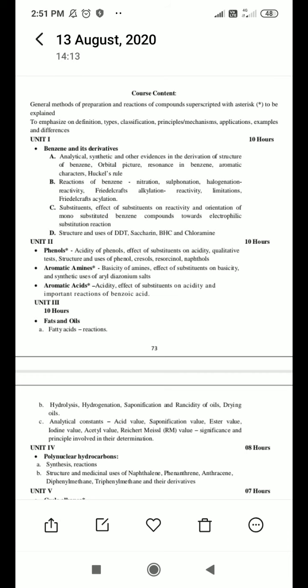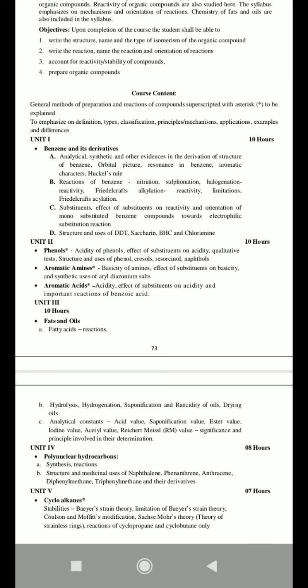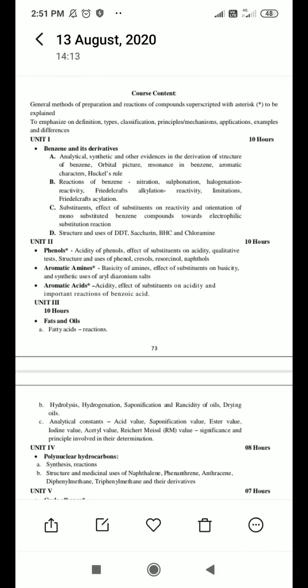Then the nitro group is at position number 1. Then what will happen if this compound is reacted with another reagent? What can affect the substituent reactivity if it is reacted with another compound? It will be studied in detail at the time of lecture. Okay.